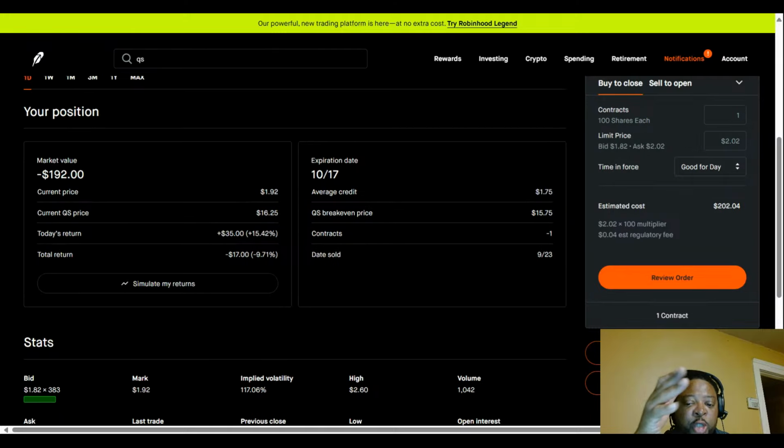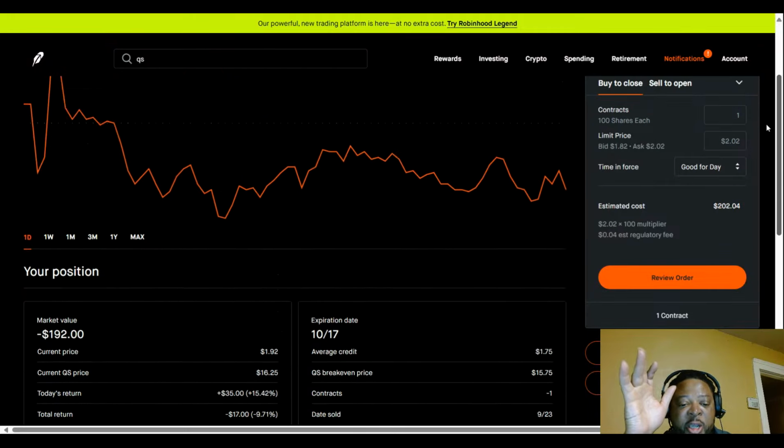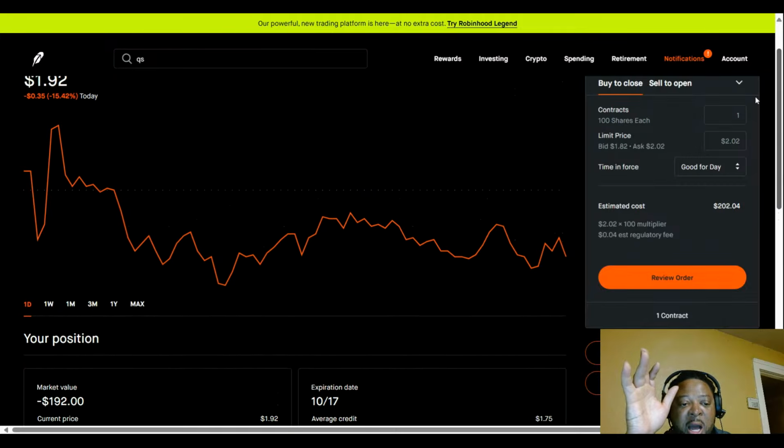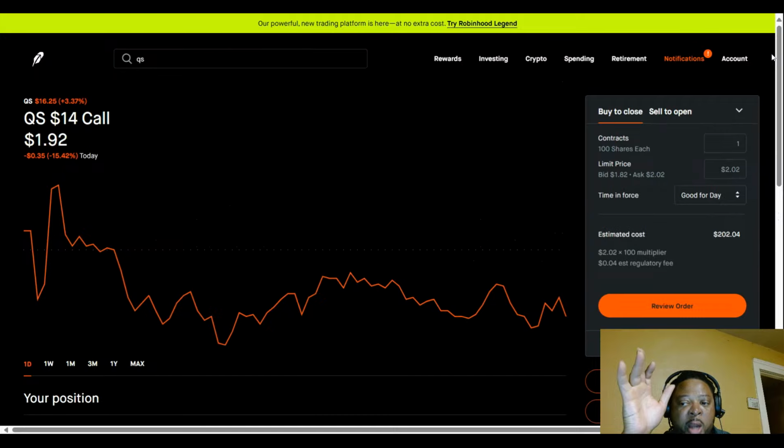And since each contract has 100 shares, they paid me $175, so that they have the right to buy my shares at $14 a share. Why did they do that? Because stocks go up and down. So if this stock goes to $20, they want to still be able to buy them for $14 a share, because I bought them for less than that, and I sold them the option to do this.